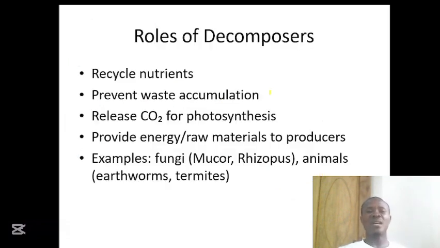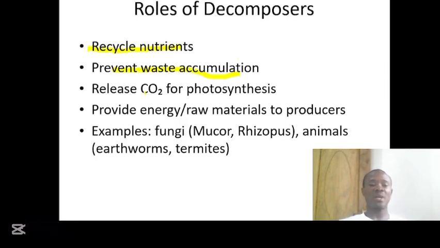Now let's talk about the roles of decomposers. Decomposers, as I said, are organisms that break down dead organic matter and return the nutrients back to the soil. So in that case, they are helping to recycle nutrients. Also, they help to prevent waste accumulation, just like I said.